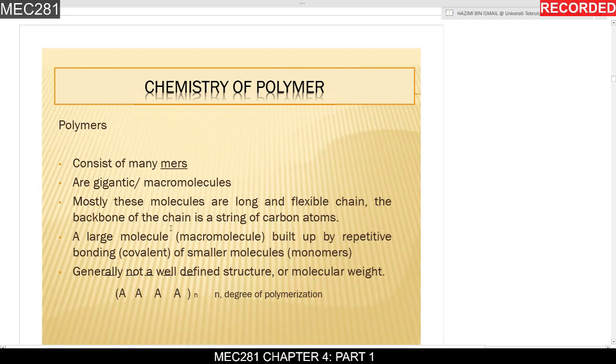The backbone of the chain is a string of carbon atoms. Yes, that's why if we have 20 n, there are very long chains of carbon and hydrogens. So a large molecule, macromolecule, built up by repetitive covalent bonding of smaller molecules, monomers, generally not a well-defined structure or molecular weight.